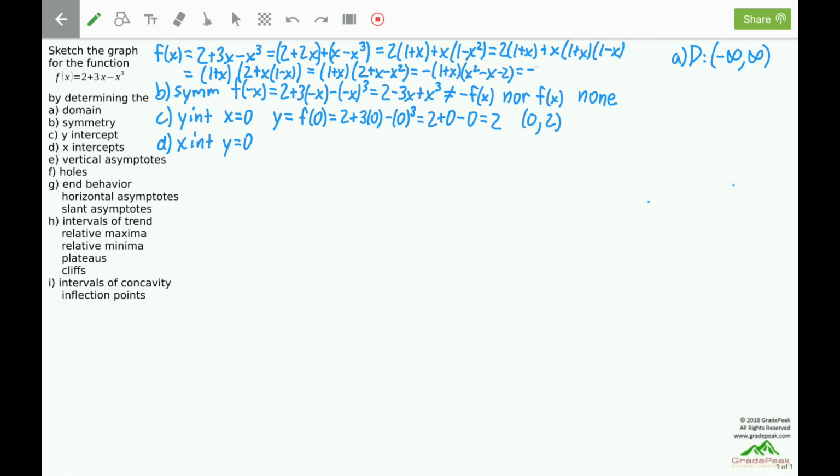which can further factor into x and x. We need two numbers that multiply to be a negative 2 and add to be a negative 1. Negative 2 and positive 1 will take care of that.